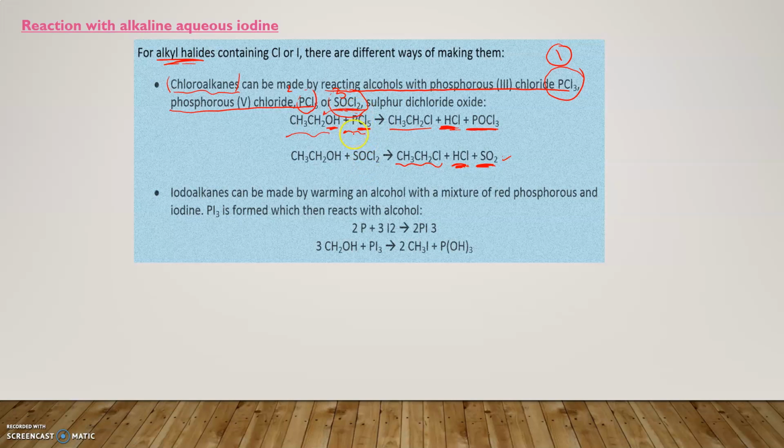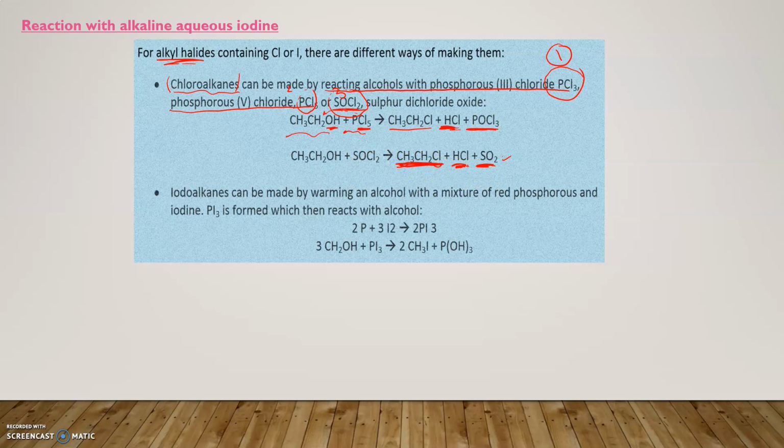The first example, with phosphorus pentachloride, gives CH3CH2Cl, which is chloroethane, and HCl, hydrochloric acid, and POCl3. If you react with sulfur dichloride oxide, you will again have your chloroalkane.